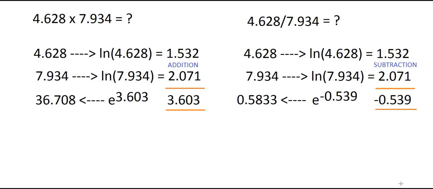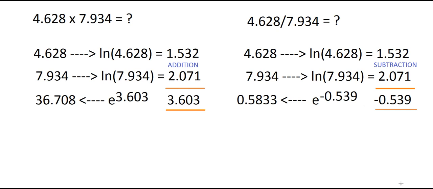Write that down. Then you'd look up the logarithm of the second factor, 7.934, and you'd get 2.071. Because I wish to multiply the two numbers together, I'm going to add their logarithms, and I'd get the result 3.603.